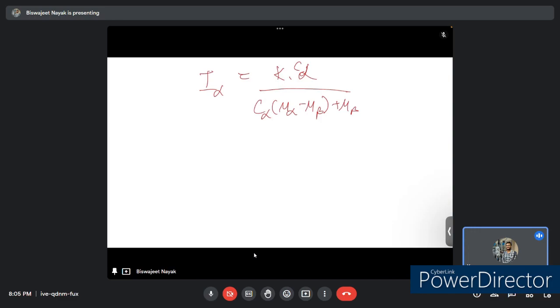So on a weight basis, if we consider a unit mass of the mixture, then the volume of contained alpha is W alpha by rho alpha and the volume of beta is W beta by rho beta. So C alpha we can write as (W alpha by rho alpha) divided by (W alpha by rho alpha plus W beta by rho beta).